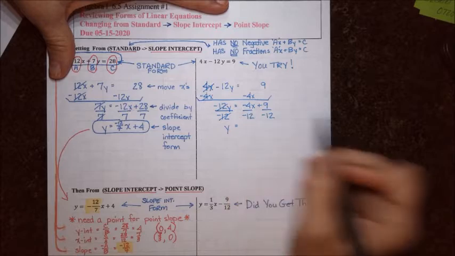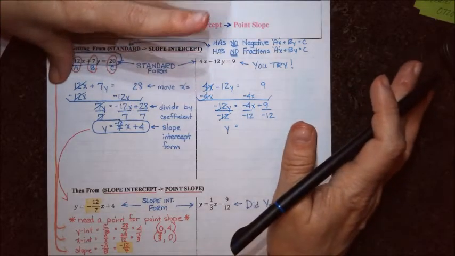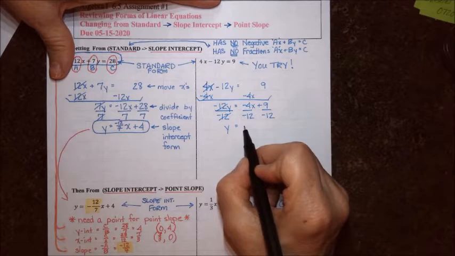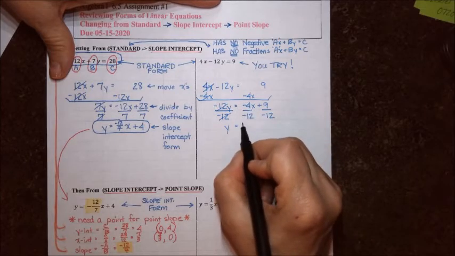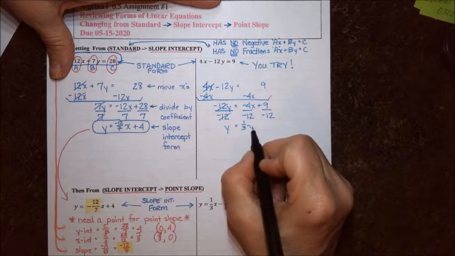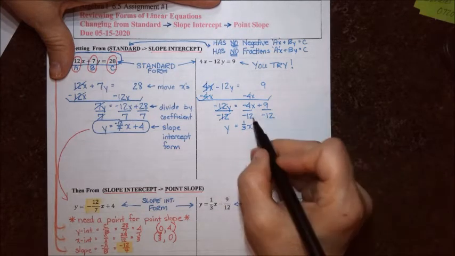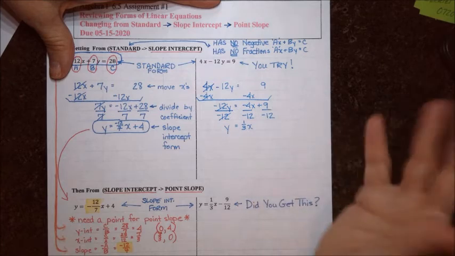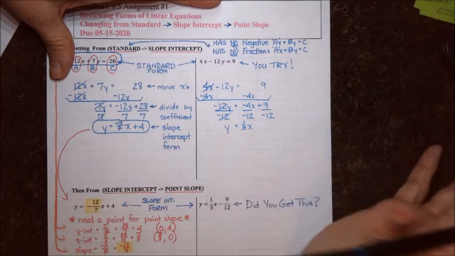So 4/12. Well, that's 4, 8, 12. That's actually a negative by a negative, so that's going to be a 1/3 because 4 goes into 12 3 times. And 9/12. I left it there as was.